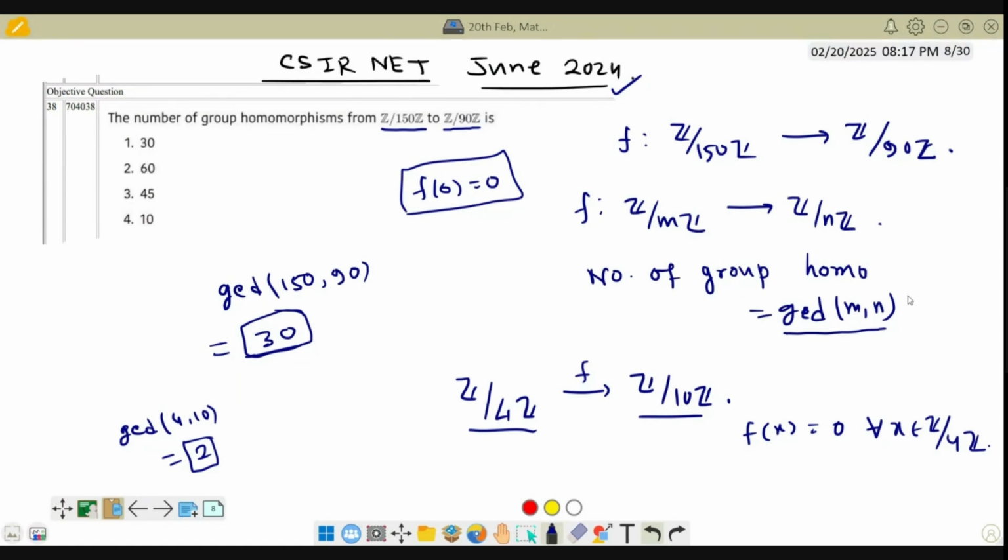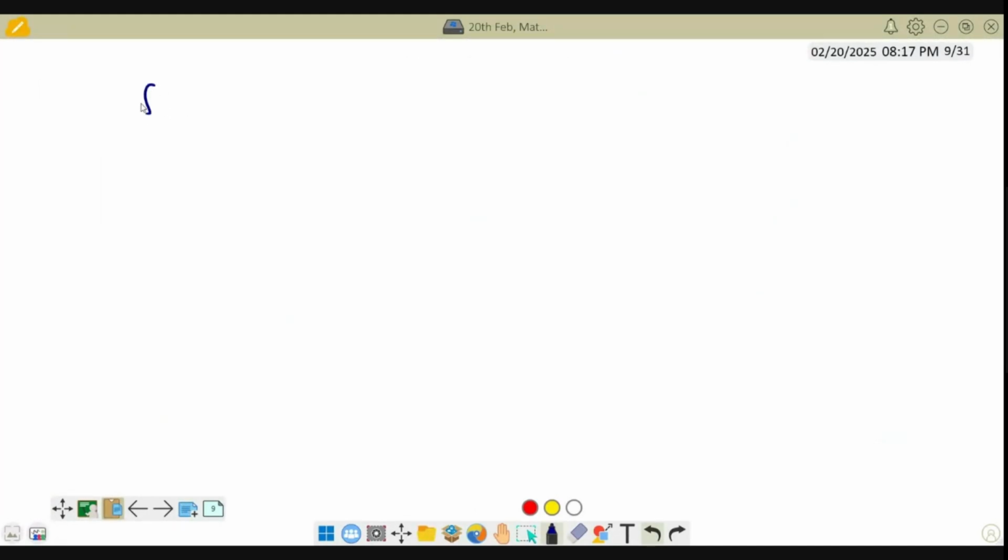Anyone? So let us take any homomorphism f from Z over 4Z to Z over 10Z.